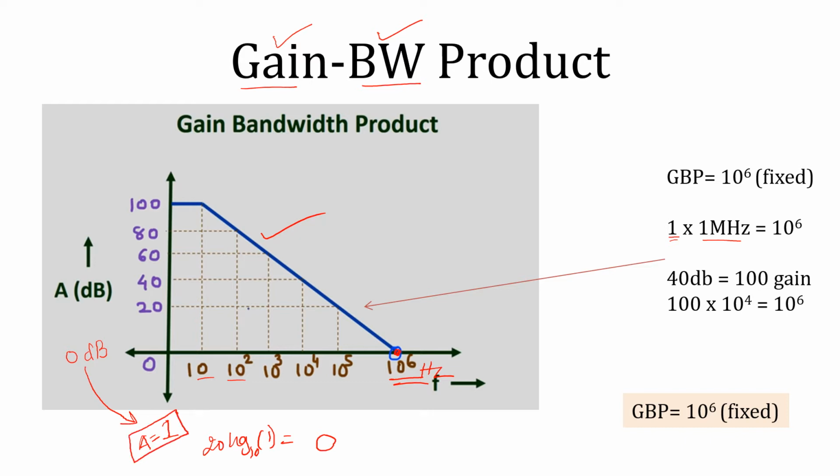Our gain bandwidth product will be the gain, 1, multiplied by the frequency up to which this gain is available, that is 10 raised to power 6 hertz, 1 megahertz. So this gain bandwidth product is 10 raised to power 6.